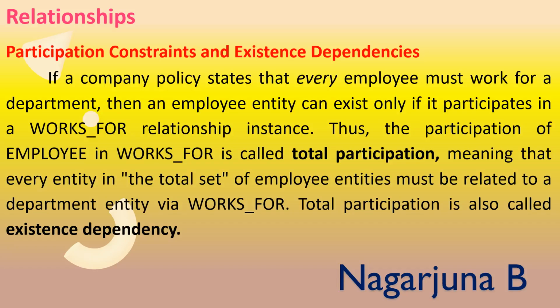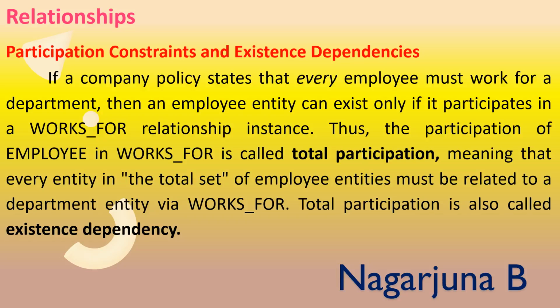If a company policy states that every employee must work for a department, then an employee entity can exist only if it participates in a works for relationship instance. That means we write the details of an employee if and only if the employee is working for a department, because in the employee entity we will be writing the information regarding the department for which the employee is working by mentioning the department number.